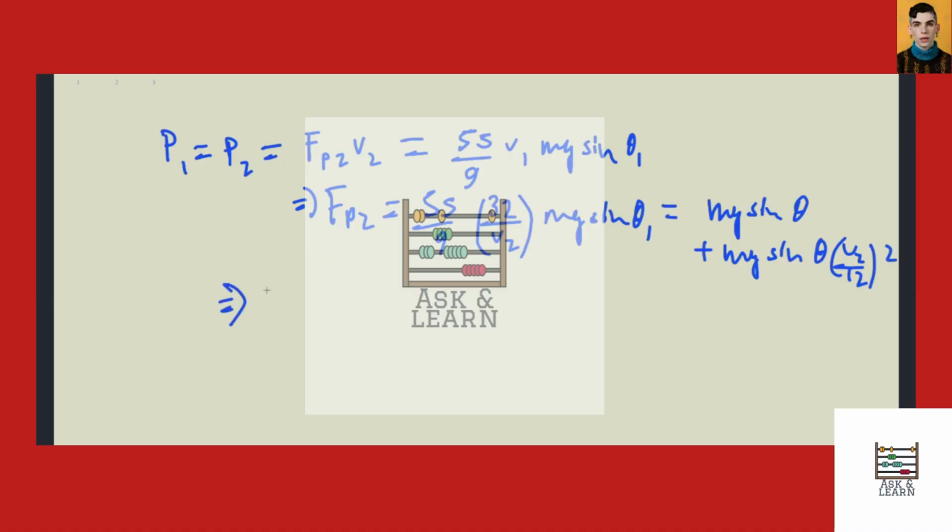So we have mg sine theta in all the terms. Take that common, mg sine theta times 55 over 9 times 32 over V2 minus 1 minus V2 over 12 quantity squared is equal to 0.